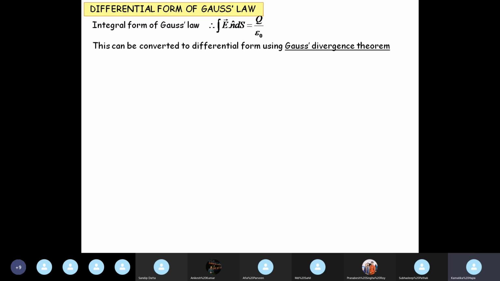I hope all of you remember Gauss's divergence theorem. Remember when we were doing vector analysis, when we came across the three vector differential operators: gradient, divergence, and curl.